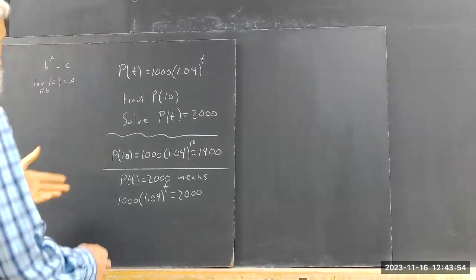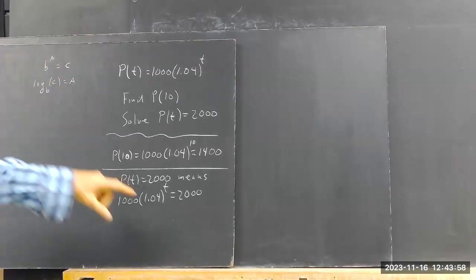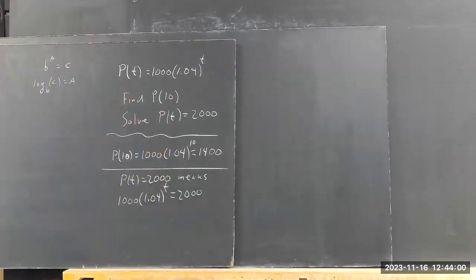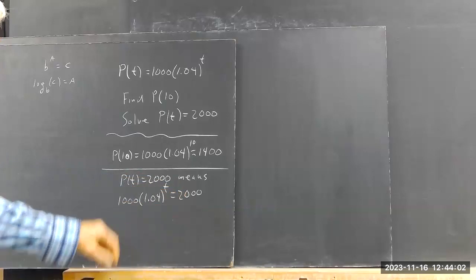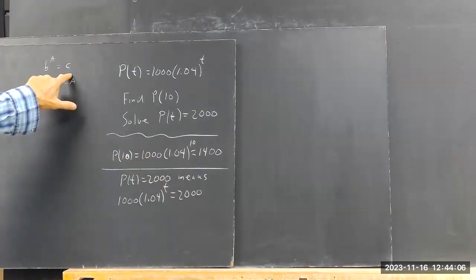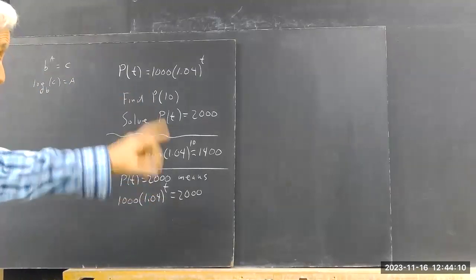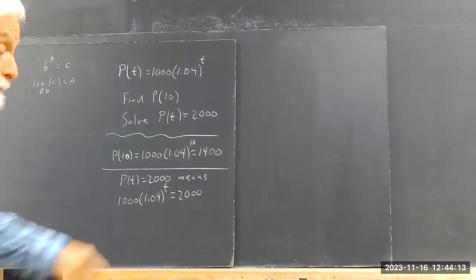So this isn't in this form, but it is going to be b to the a equals something. You've got to see b to the a equals what? Here's your b to the a. You want to get this. So you have to divide both sides by 1,000 to get this, right?